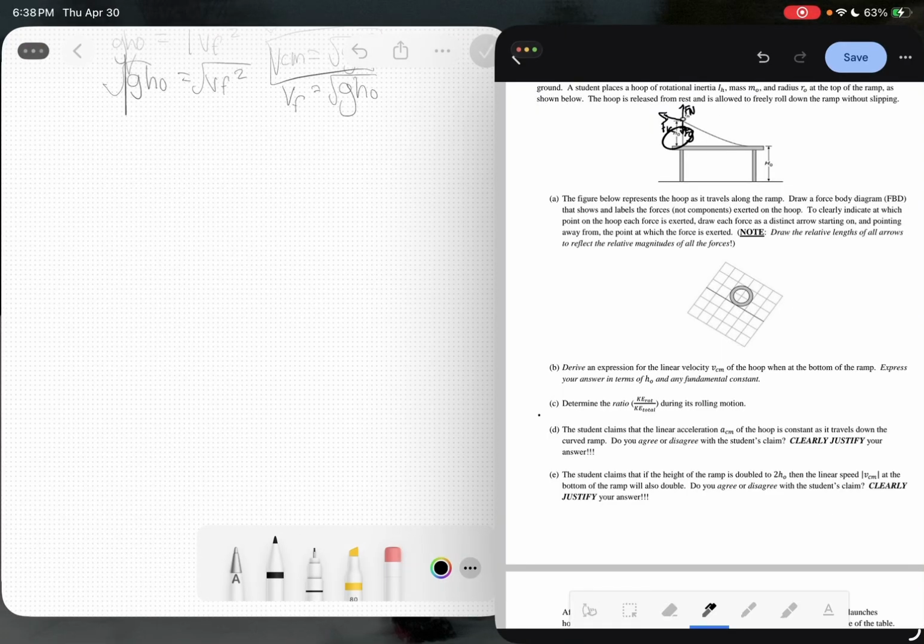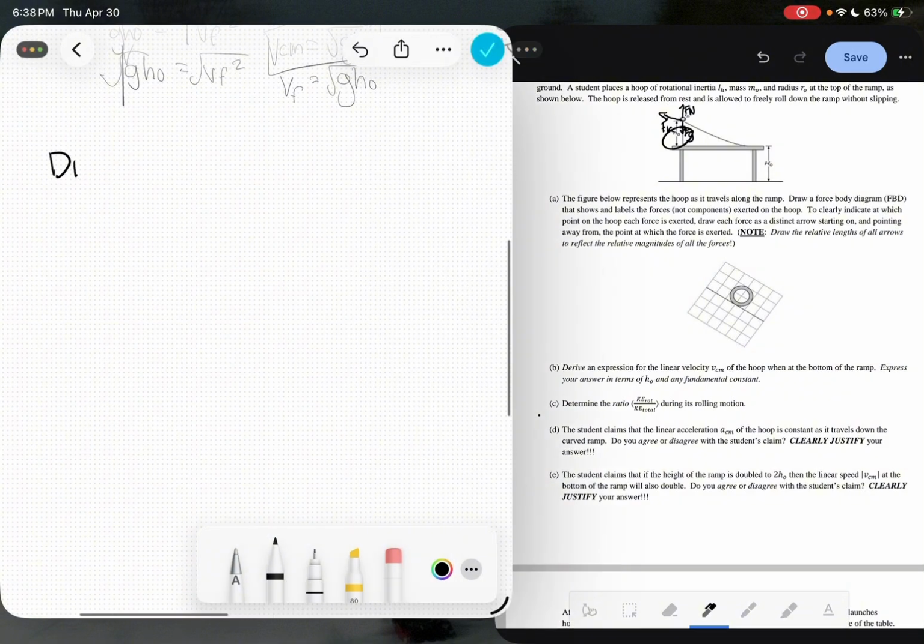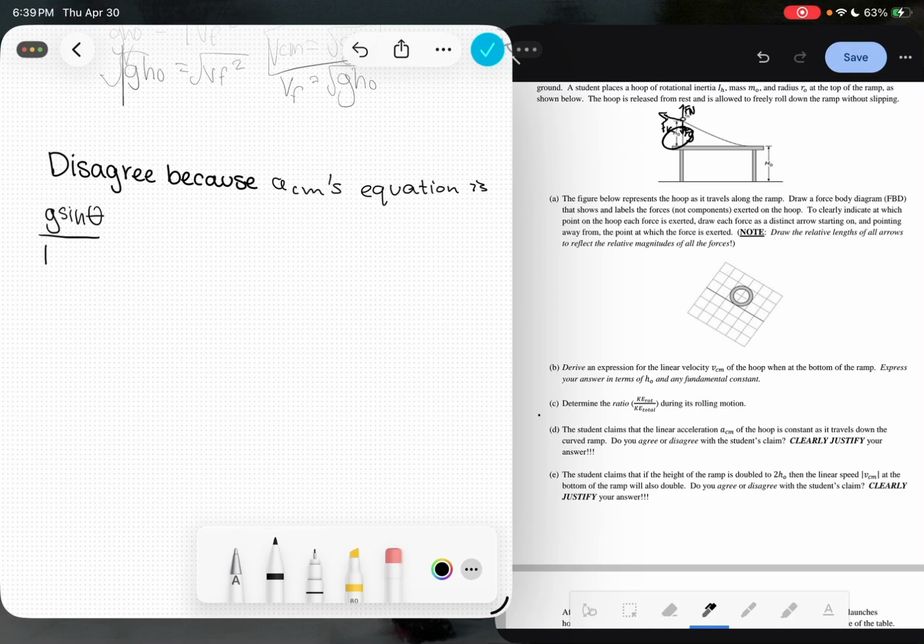For part D, I disagree because ACM's equation is G sine theta over 1 plus C, and G is constant, and so is C, which makes it depend on theta.